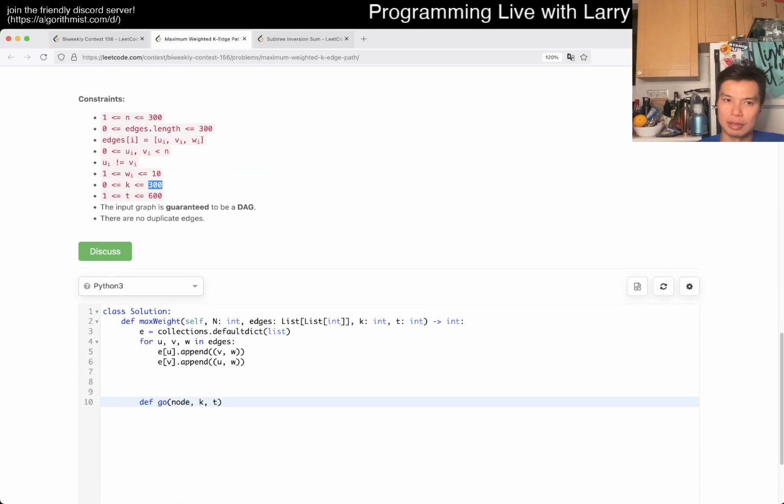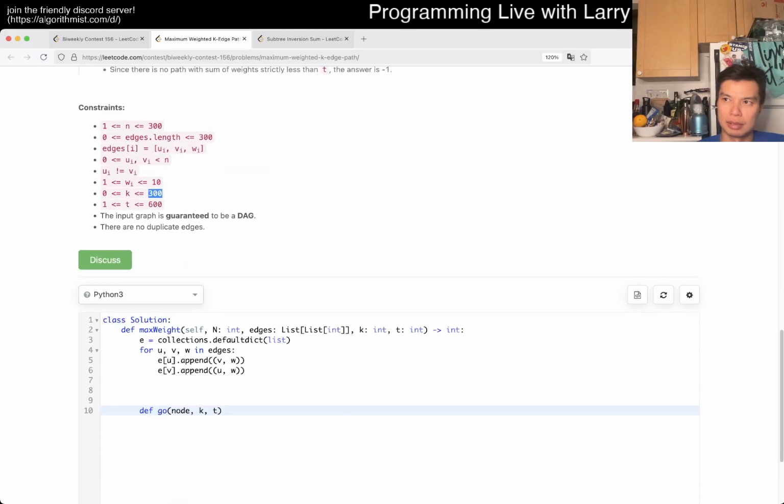Okay, so let's say we do a search, right? 54 million is definitely too big.